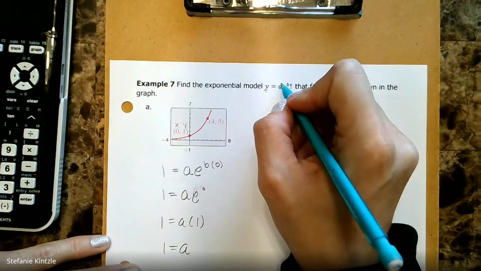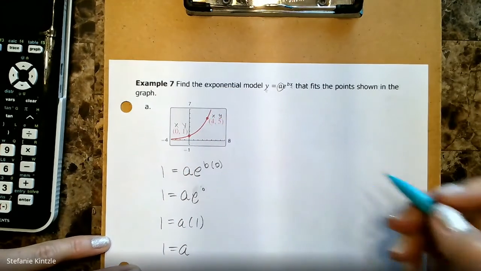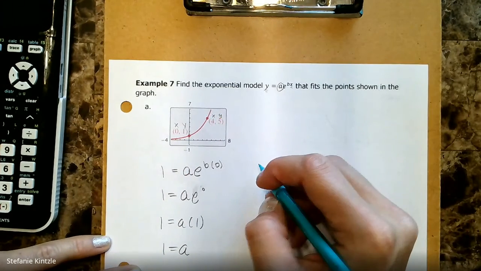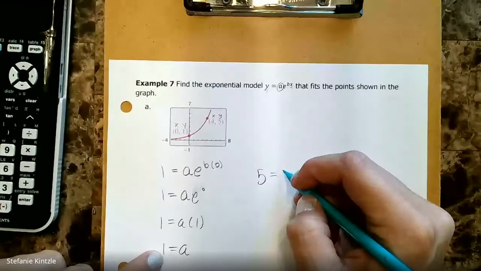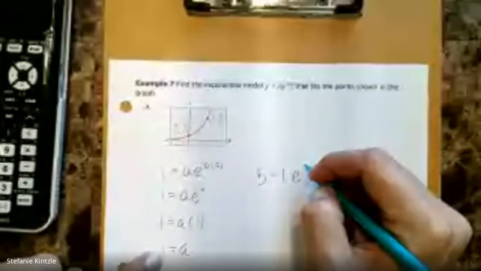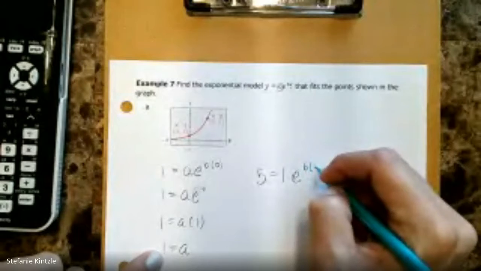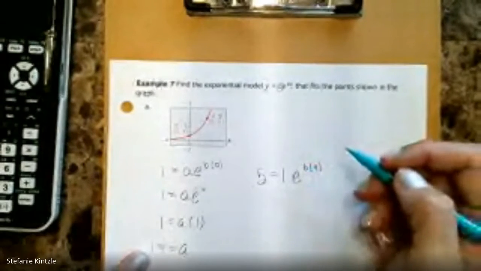Now that we know what a is, we can use this point to write our equation. So 5 equals the value that we just found, 1, times e raised to the b times x. This is going to help us find b so that we can write our equation.